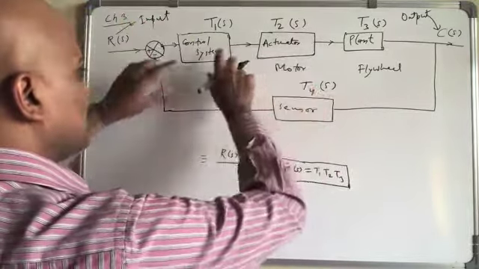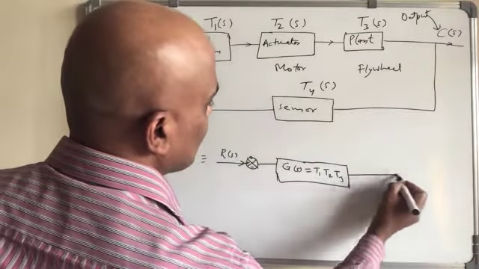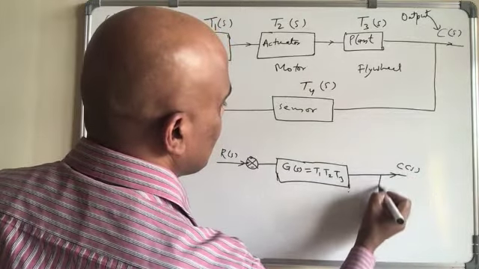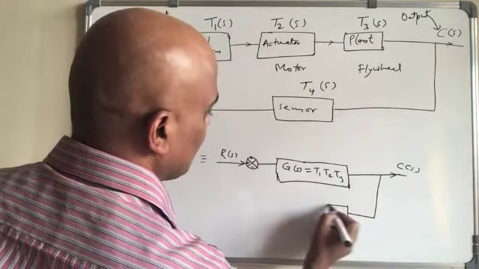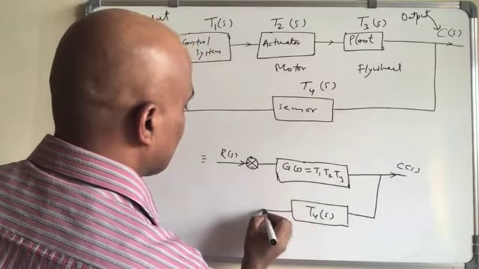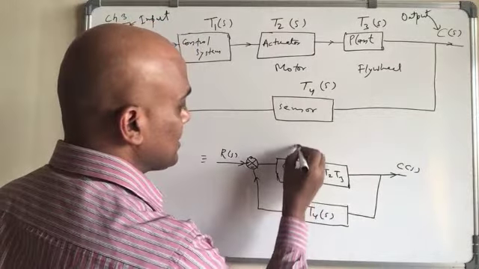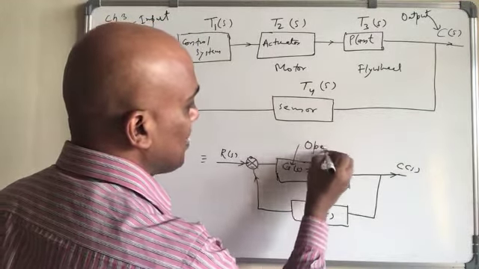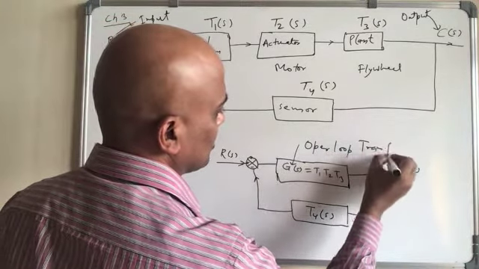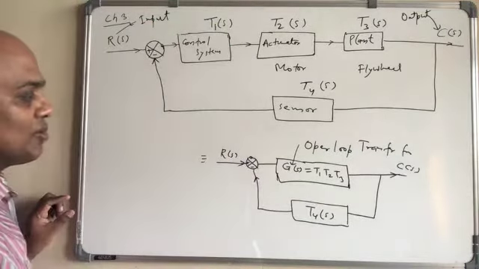Instead of having three blocks, we can combine them into only one. Then we have C(s), and T4(s) in the feedback path. G(s) is nothing but the open loop transfer function, right? And we can do the analysis as you did yesterday.